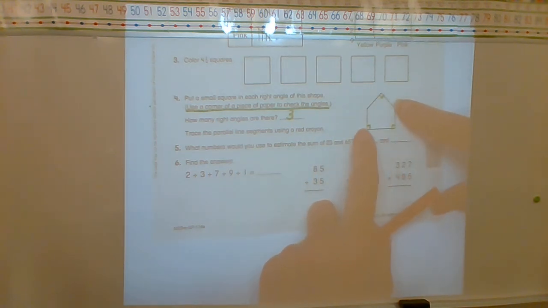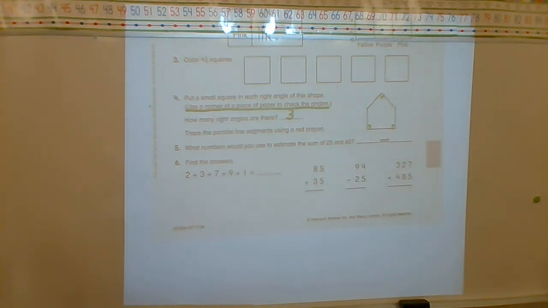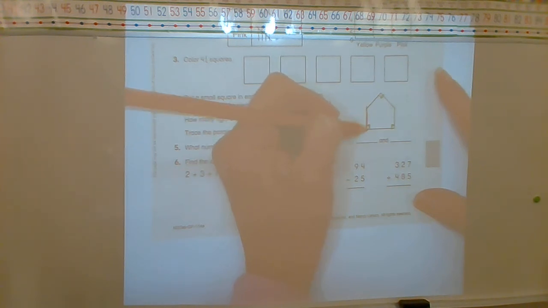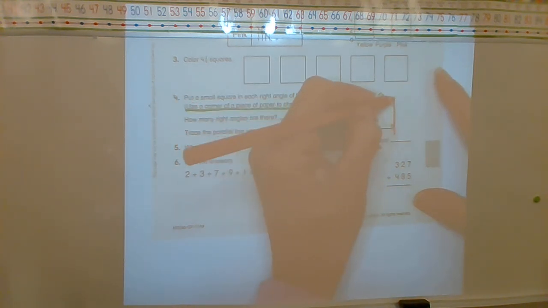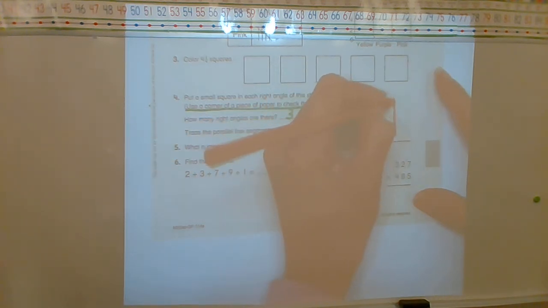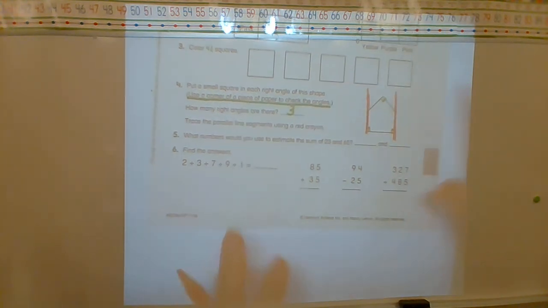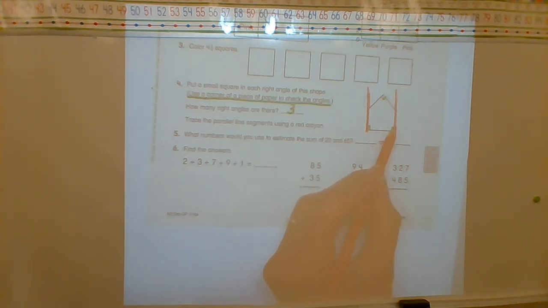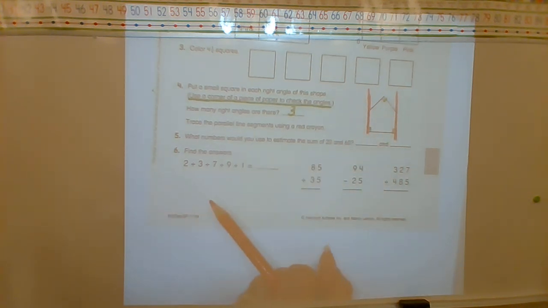Well, these 2 lines, what if we follow them? Nope. I'm looking for train tracks. Side by side, never crash. Oh, what do you think of this guy and this guy? Do they run side by side? Even if I make them taller, does it look like they're going to crash? No, they're going to run side by side and never crash. So these are the parallel line segments. All right.